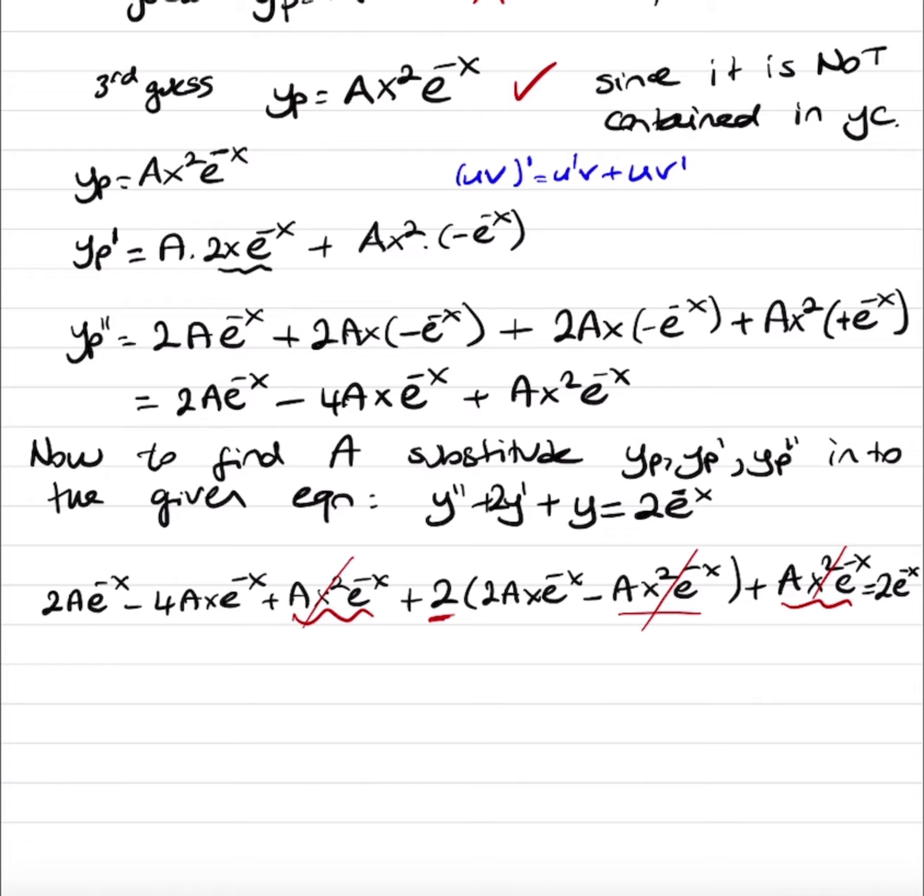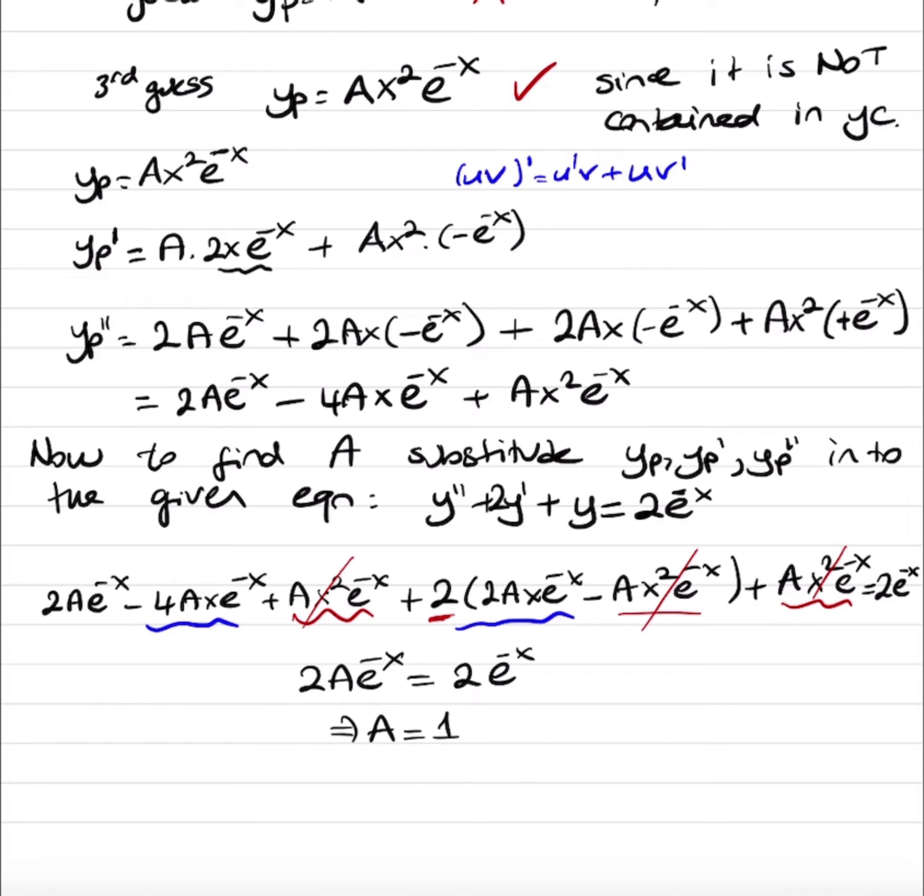These will also cancel. You see, this one and this one also will cancel. So I have 2a e to the power minus x is equal to 2 e to the power minus x, and from here we see that a is equal to 1.